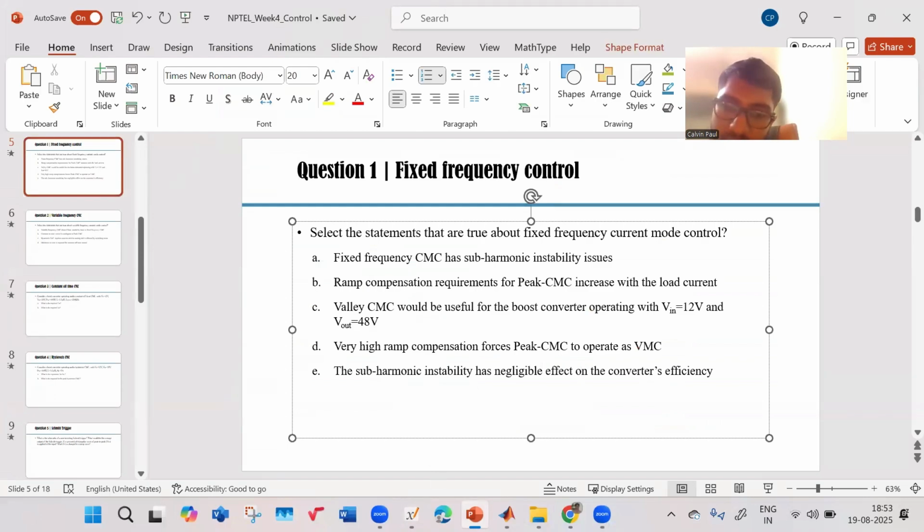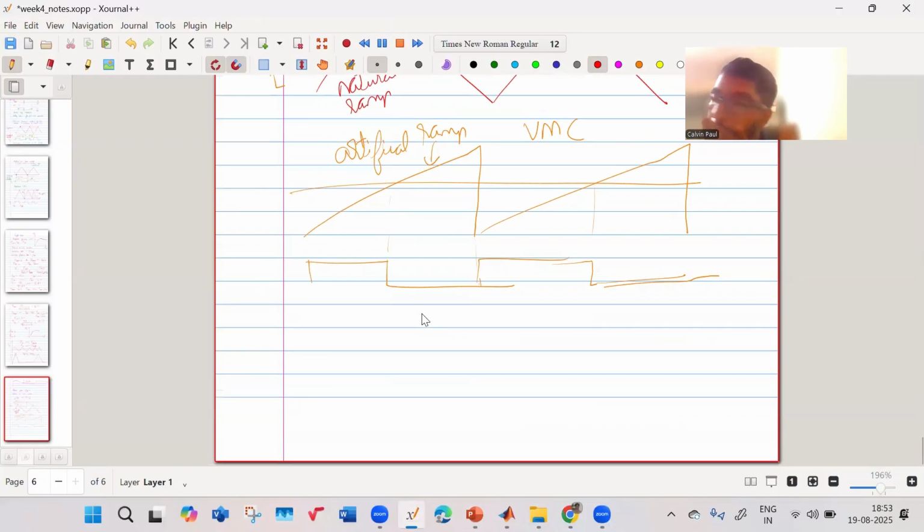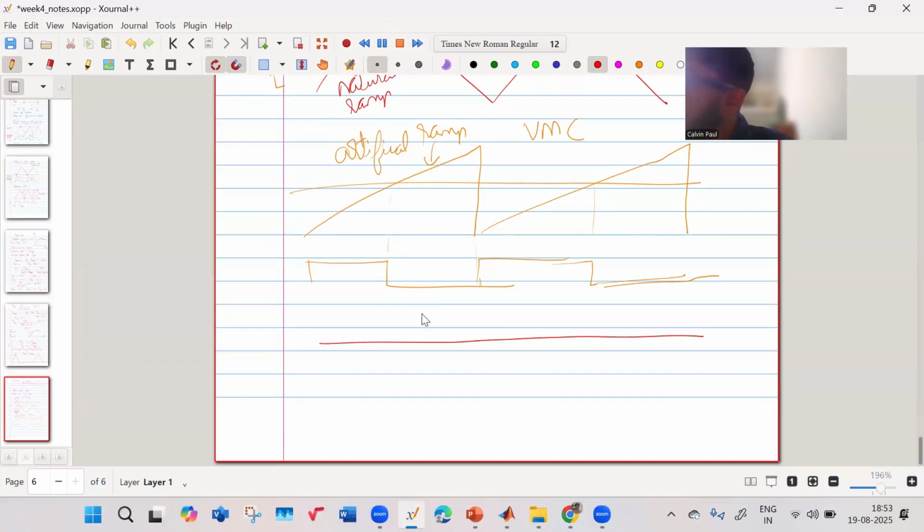So what do I mean by subharmonic instability? That is, you have your reference like this, and your current goes like this, then it stops off here because your time period is over, and then it will again rise like this, fall here, again your time period is over, then it will rise like this, fall off here, because again your time period is over, and it will go on.